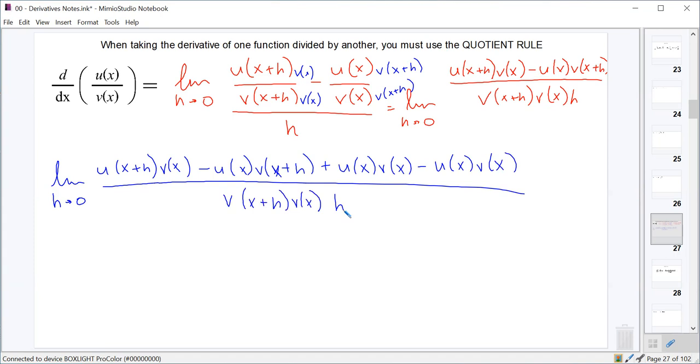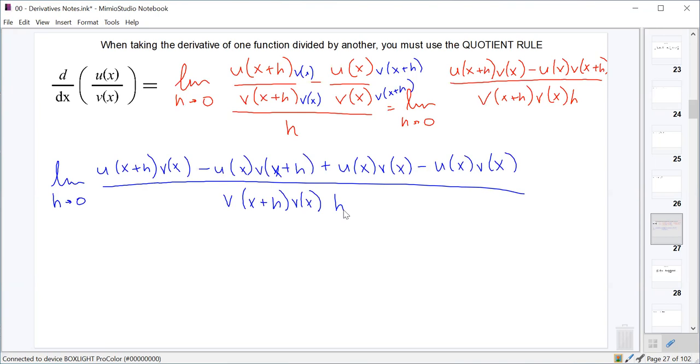So now we need to figure out how we can sort of factor something out of here so that we can turn this into a simpler form where we can find some derivatives.